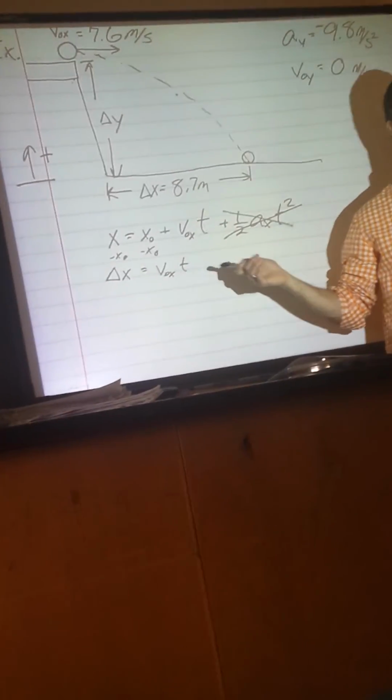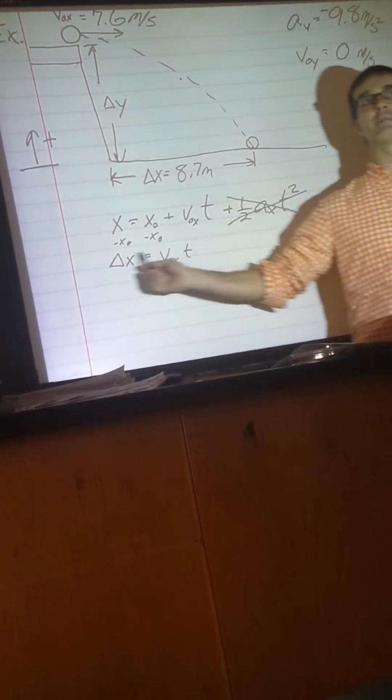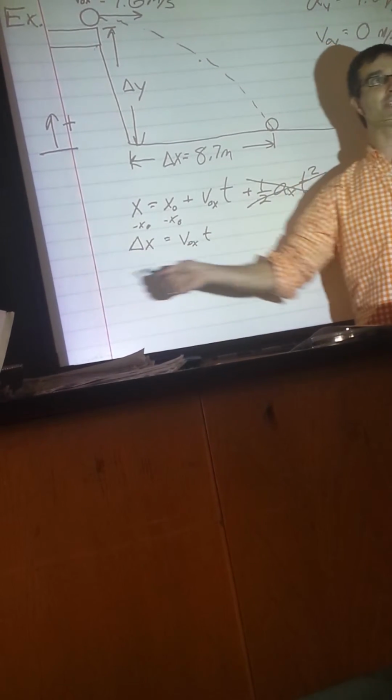If I subtract x naught from both sides, what's x minus x naught? That's the displacement, delta x. This relationship right here, derived from what you have on your sheet, is the only thing you need to worry about in the x direction.